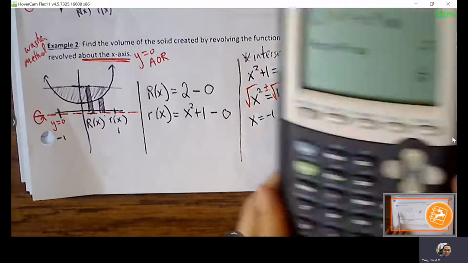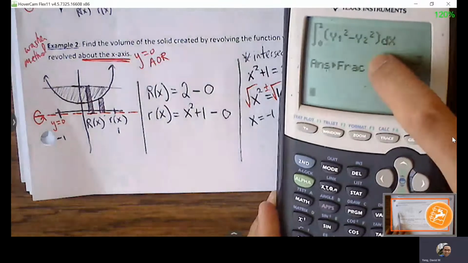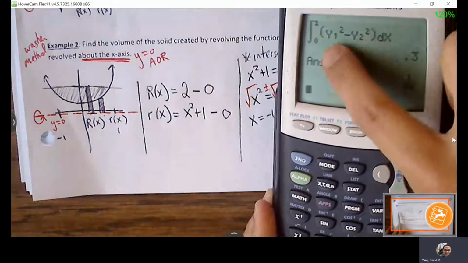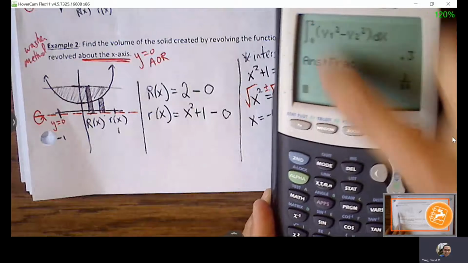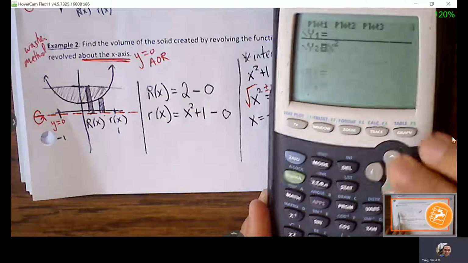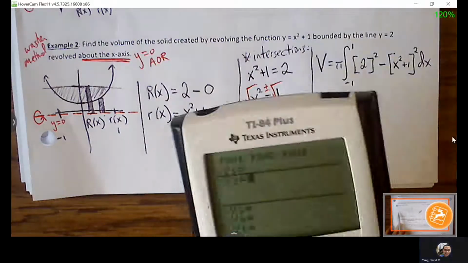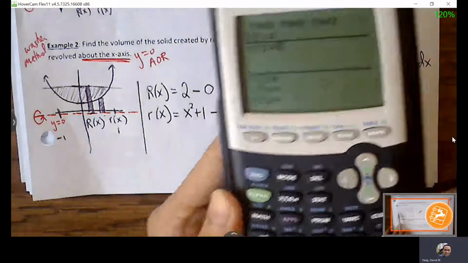So this is where, if you have the template built already in your 84, you can just keep calling this and just change y1, y2, and maybe change the bounds. We can really save the amount of keystrokes that we have to do, especially if we're having to do these washer methods over and over again.